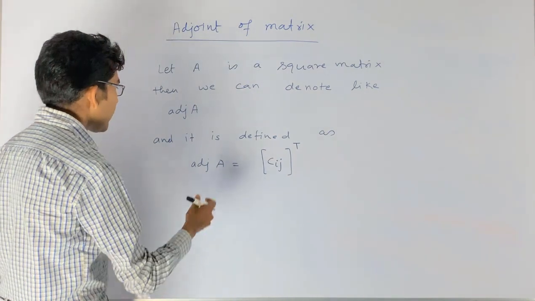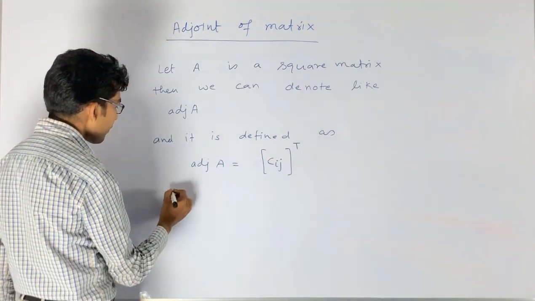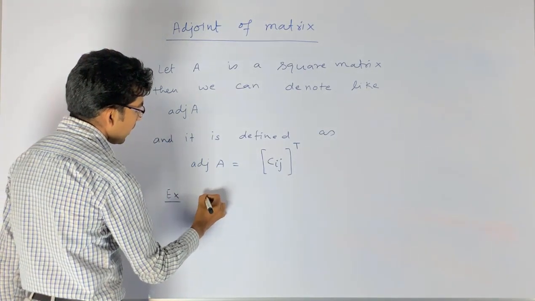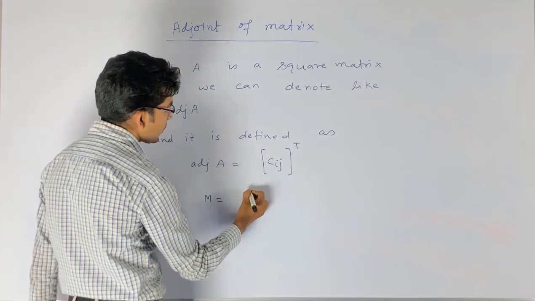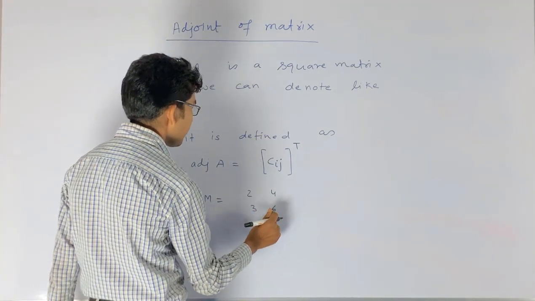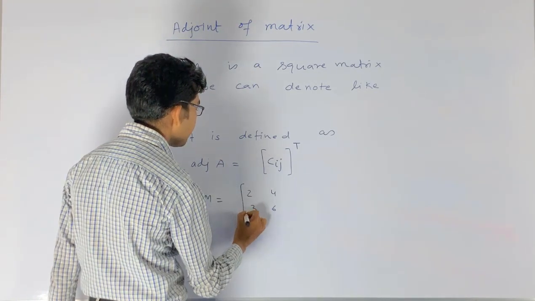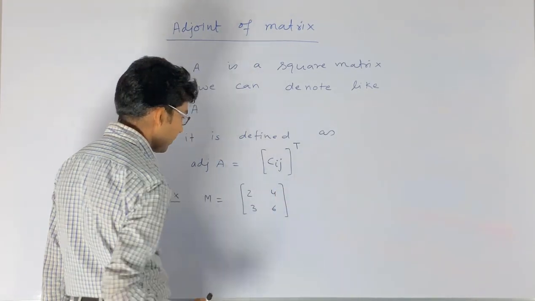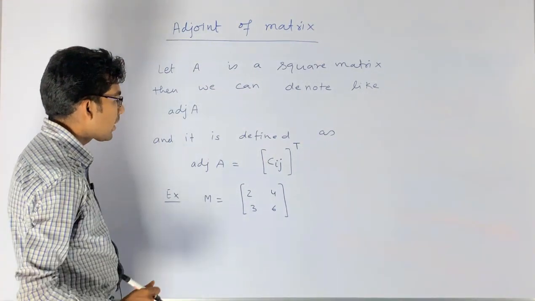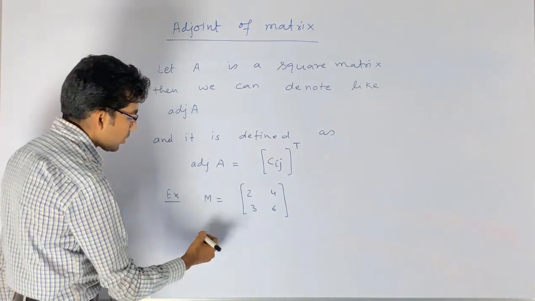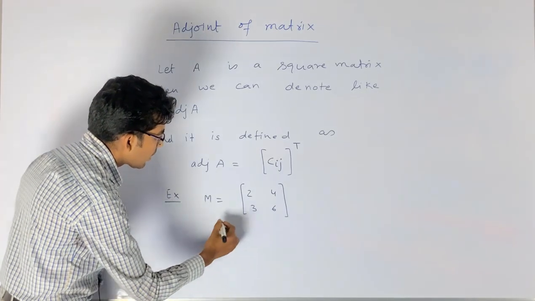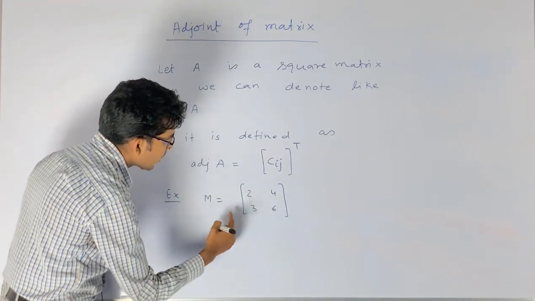So, let us take an example. M is a matrix 2, 4, 3, 6. Now, we have to calculate each of the cofactors. One by one we are going to calculate the cofactor of each element.